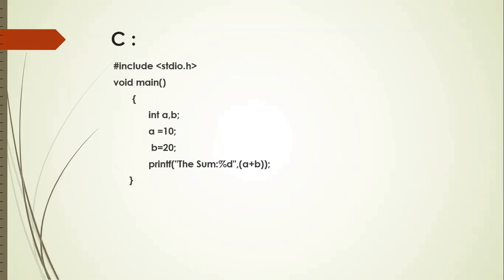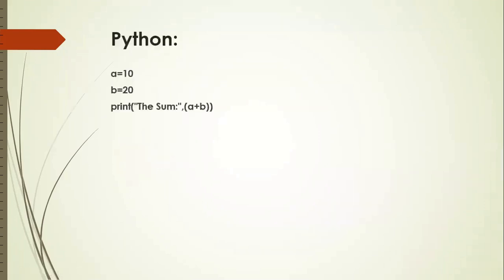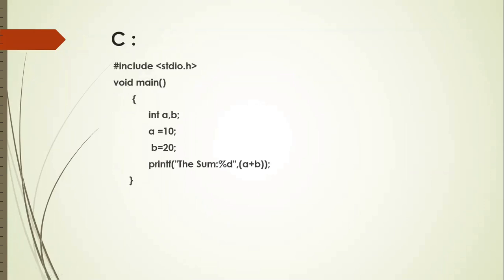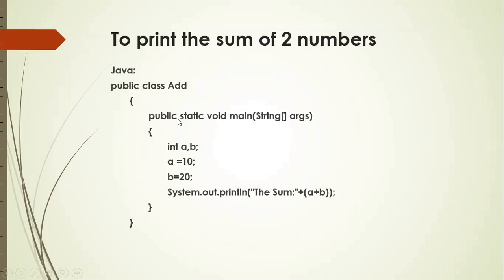Let's see it in Python code. See, here there are no libraries. I simply give a equal to 10 and b equal to 20 and print. There are just 3 lines I'm going to write. In the previous program we saw int a comma b. What is int here?